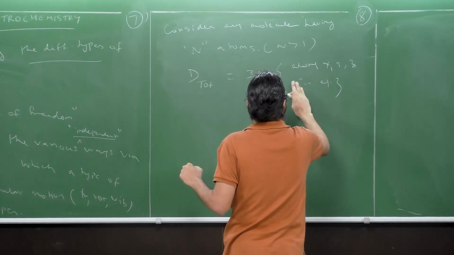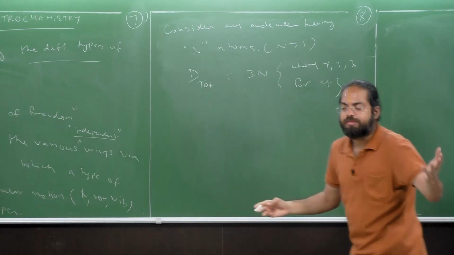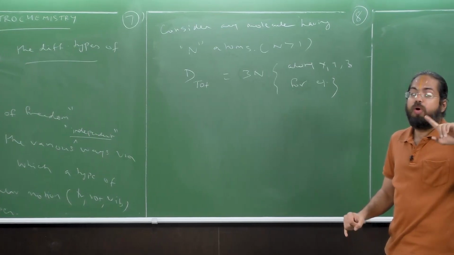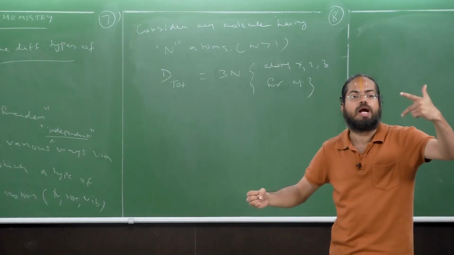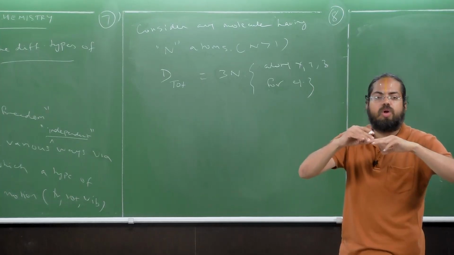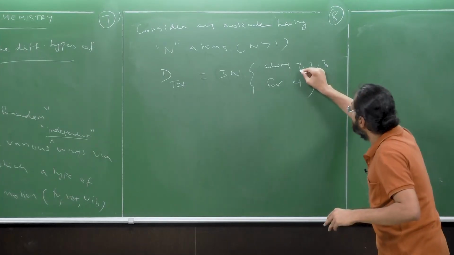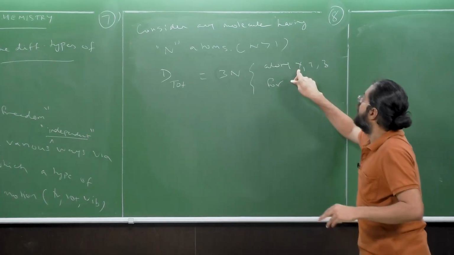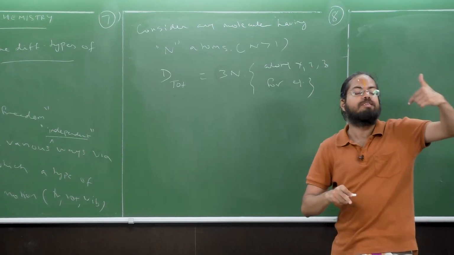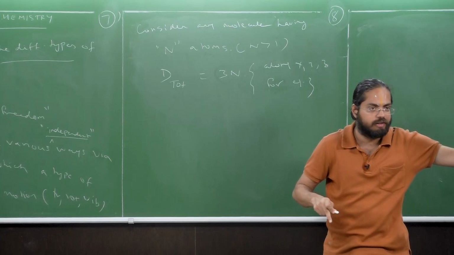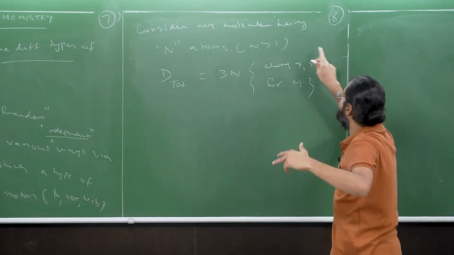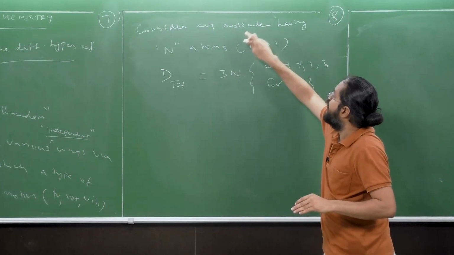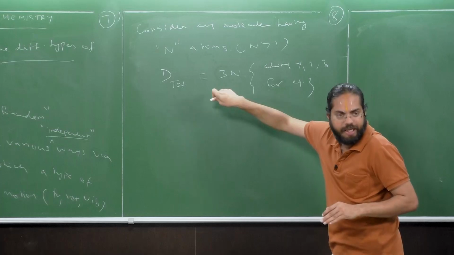It's a convenient system for us to consider, because any other direction can always be expressed in terms of x, y, and z. When we consider independent motion, it can only be along x, y, and z, because if it is moving along x, it is independent of its motion along y and z. Are we clear? These are the three independent variables. So overall, the total degrees of freedom of a molecule having n atoms is going to be 3n.